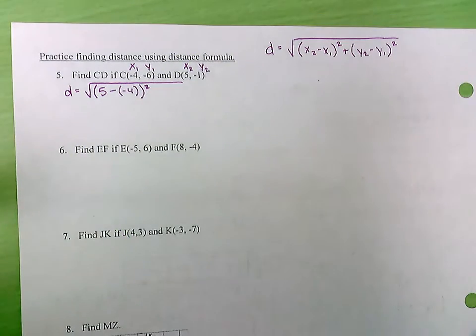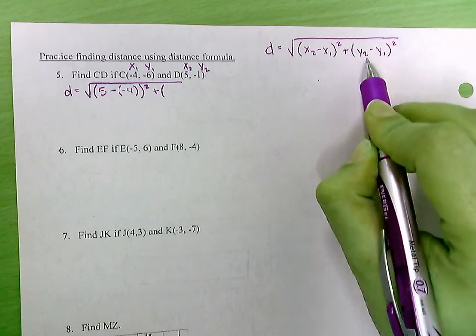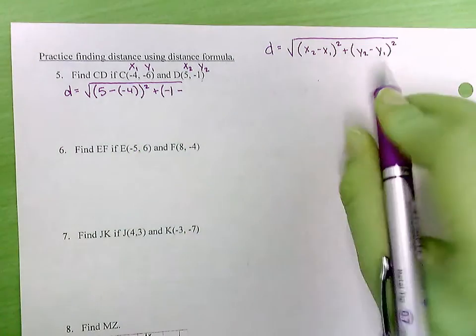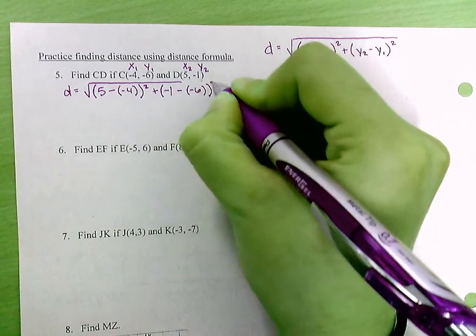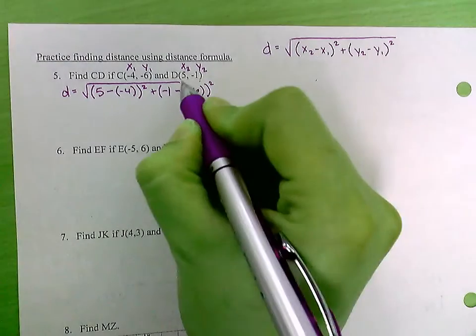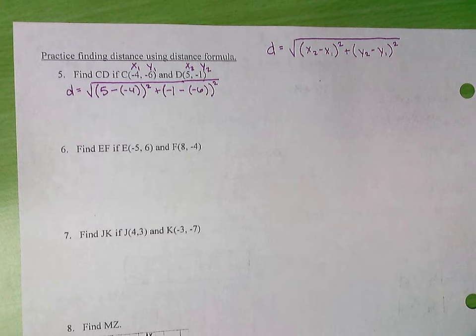Okay, that whole quantity is squared. Then adding on, y sub 2, I labeled as -1, minus y sub 1 was -6, and that quantity is squared. Okay, and I'm going to extend my square root symbol so it covers everything. Everybody with me so far?